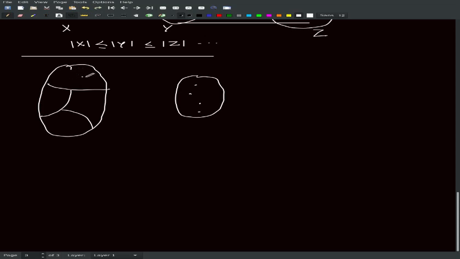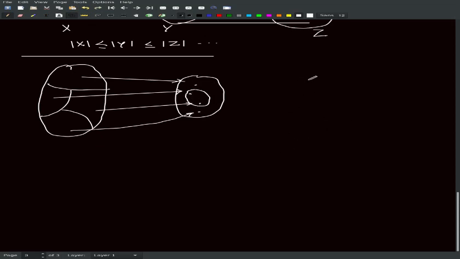All of this is being glued to this one. All of this is getting glued to this one, and all of this is getting glued to this one. Then you are gluing these two. So these two get glued here. Then this is going here, and this is going here, and so on.